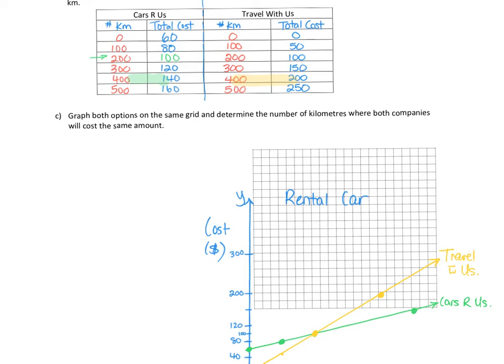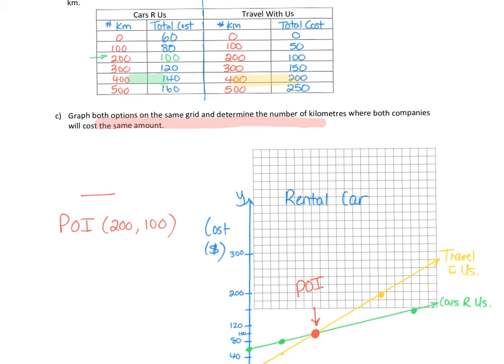Okay, now, the question, of course, is where's the point of intersection? Determine the number of kilometers where both companies will cost the same. And hopefully you can see that it's this point right here that is the point of intersection, the POI as we call it. And that point is (200, 100). Also can be seen in the table right here.